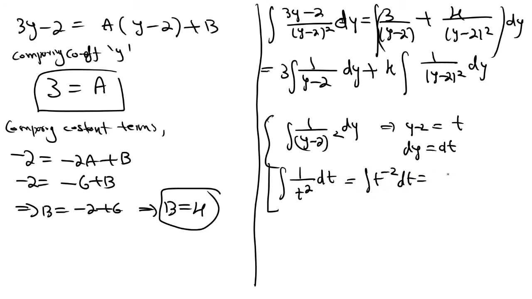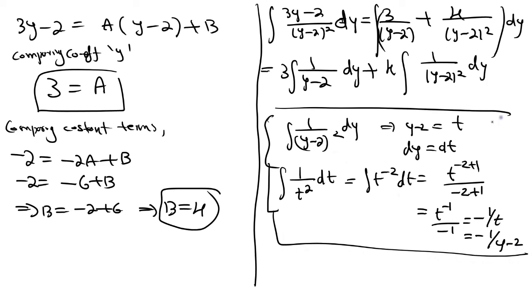It's equal to t to the power minus 2 plus 1 divided by minus 2 plus 1. So its value is equal to t to the power minus 1 divided by minus 1, which is equal to minus 1 by t. What is the value of this minus 1 by t? T value is equal to y minus 2. Like this you need to solve.